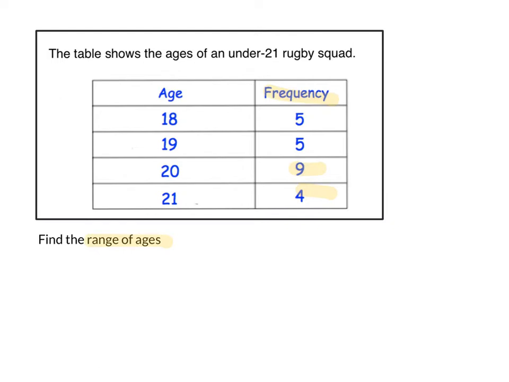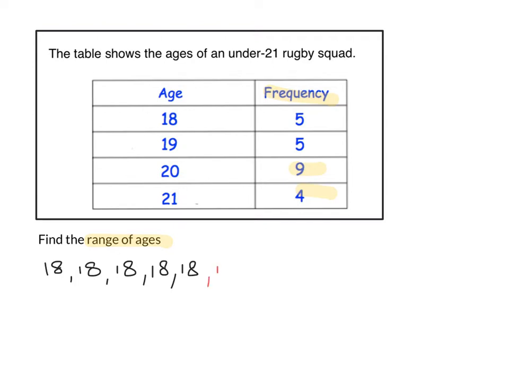So if I wrote this data out in a list, this is what it would look like. There would be 5 people with an age of 18. So it would be 18, 18, 18, 18, 18. There would be 5 people with an age of 19. I'm just going to change colour.